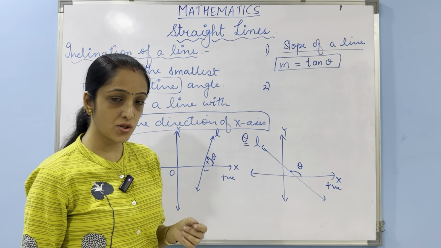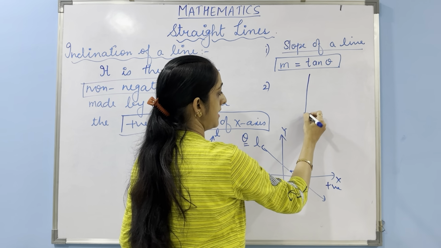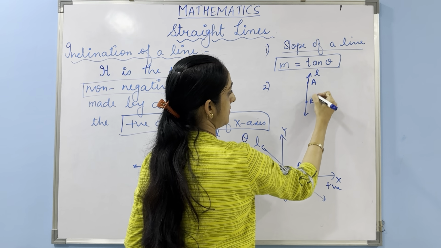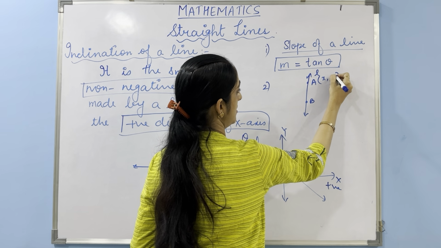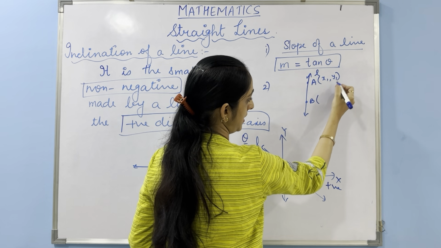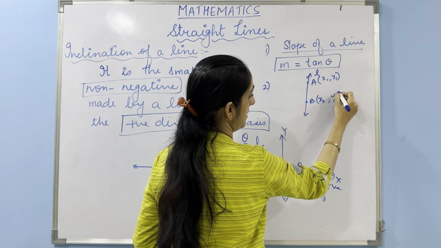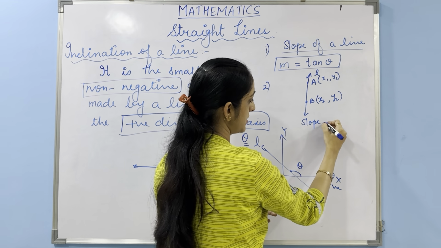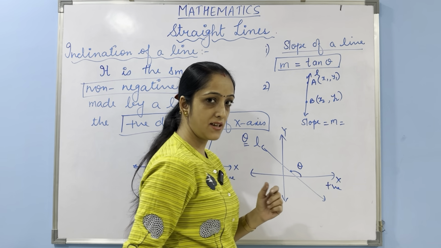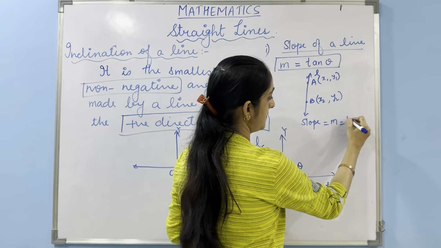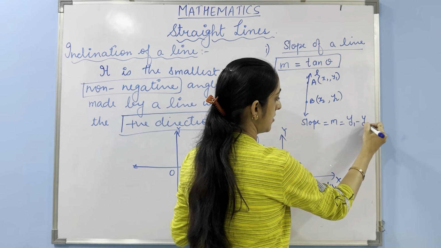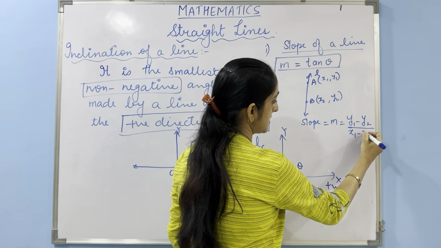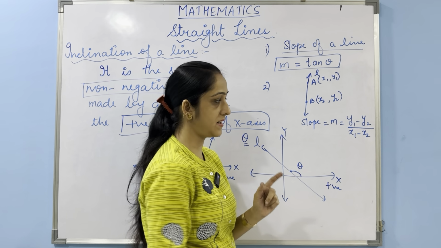This is one way of finding slope. Another way of finding slope is, if line L is given, and on that line, if two points with their respective coordinates are also given, suppose A is x1 comma y1 and B is x2 comma y2. In this case, slope of line L, which is represented by m, is given by y coordinate of first point minus y coordinate of second point divided by x coordinate of first point minus x coordinate of second point.